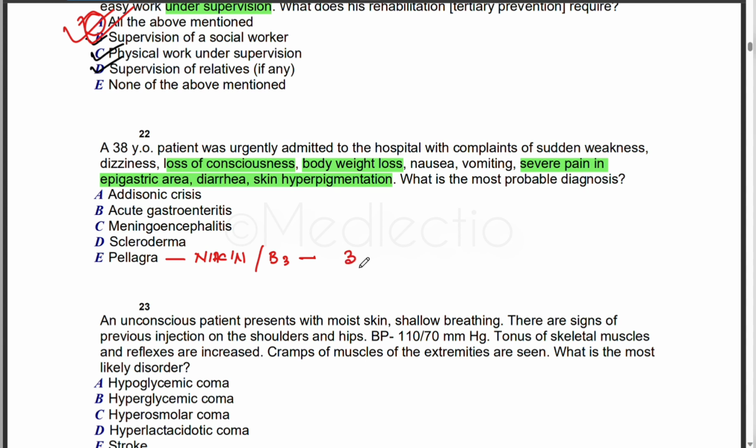It is 3D: dementia, diarrhea, and dermatitis.